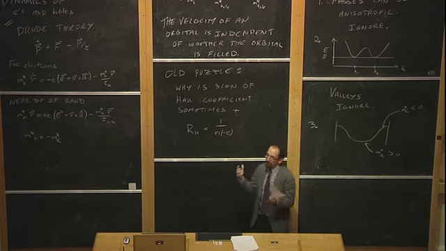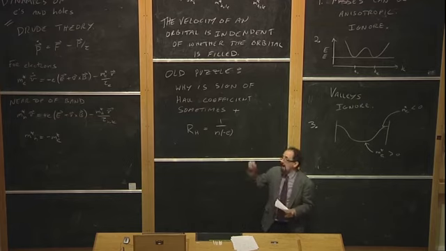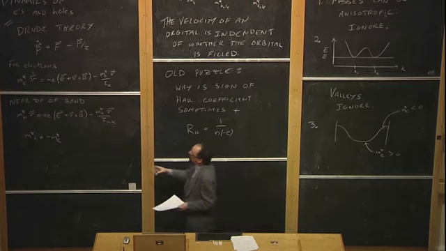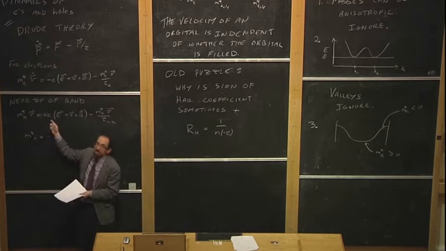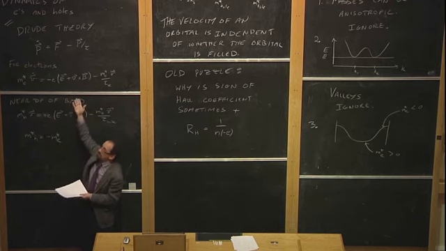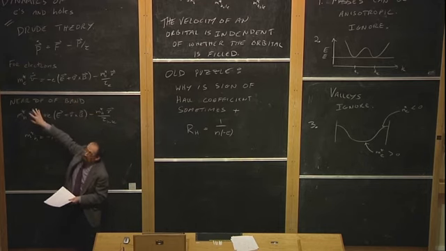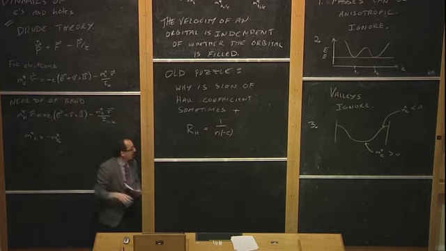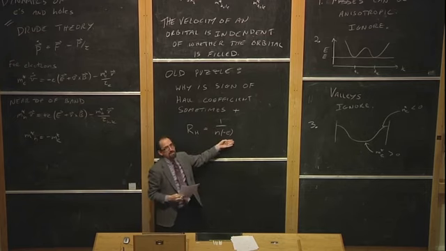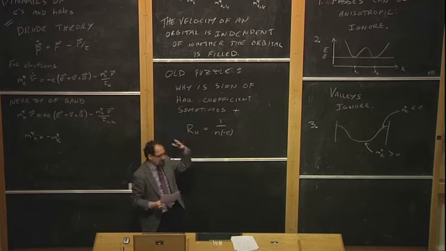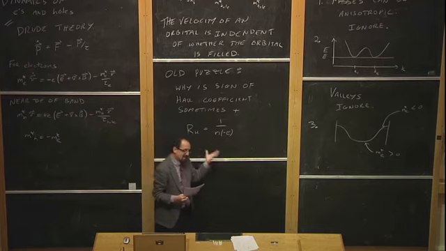But if you have a band which is mostly filled and you just have a couple of holes in the top of the band running around, then either way you look at it, whether you think about it as holes running around with a positive charge, or as electrons running around with a negative mass, you'll get the opposite sign, because now the things carrying the charge have positive sign instead of negative sign.